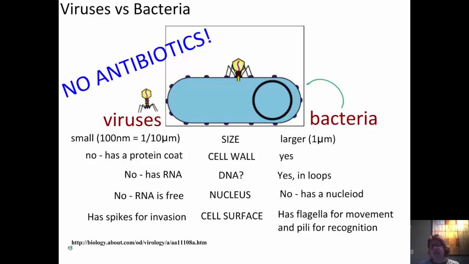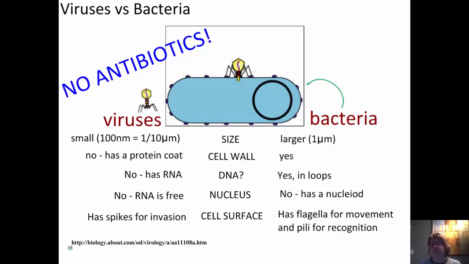In the bacteria, the DNA is typically found in a region called the nucleoid, but it's not an enclosed area. And then the cell surface: most viruses have spikes or attachment surfaces for invasion into a cell.